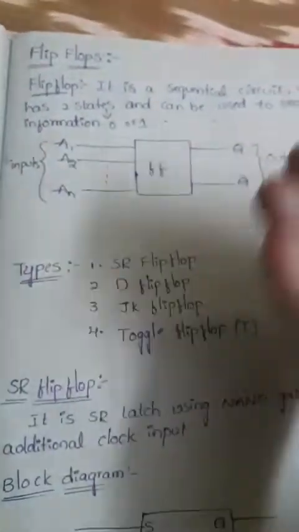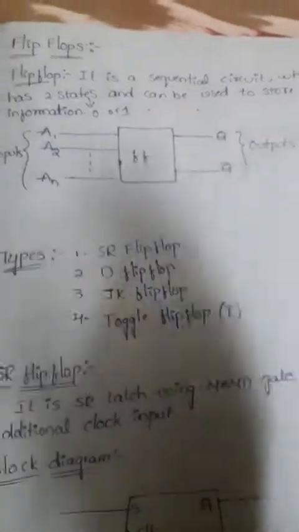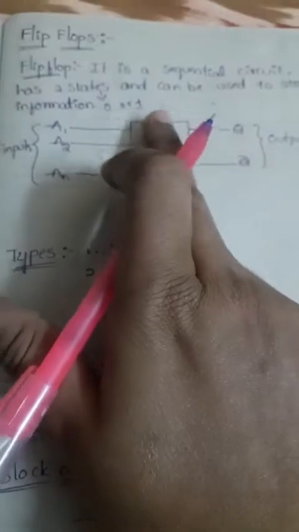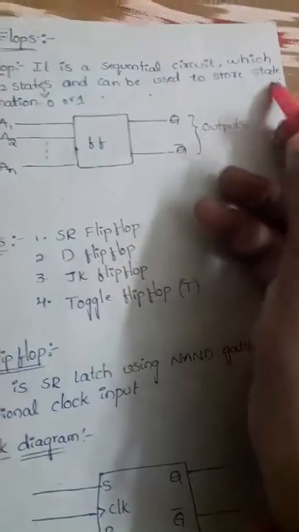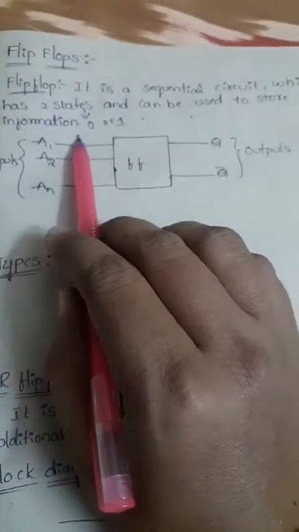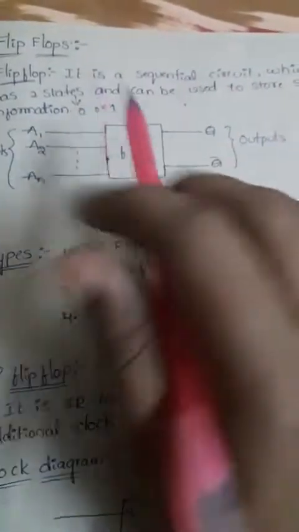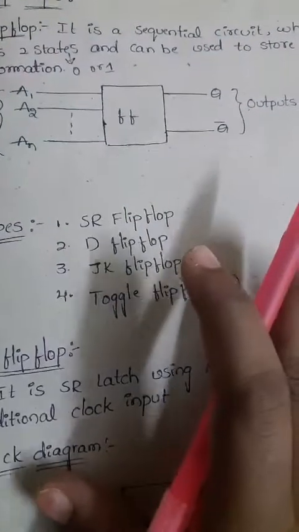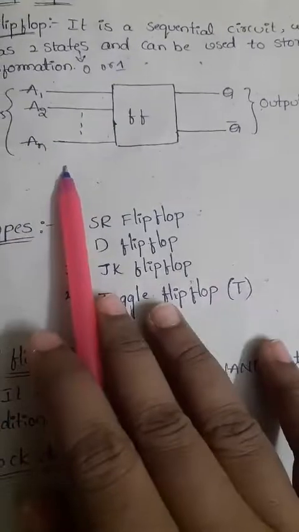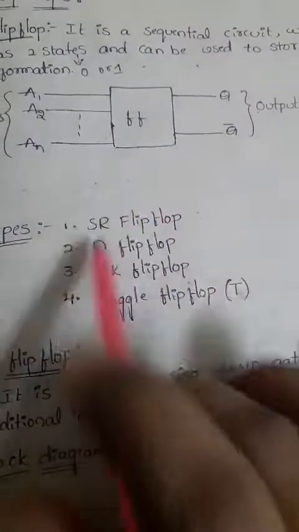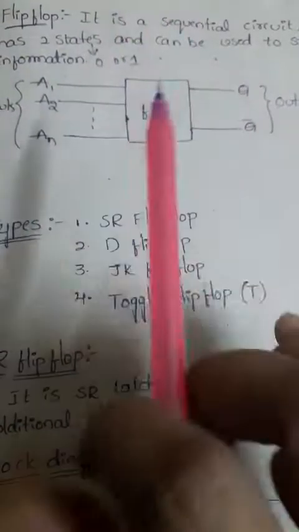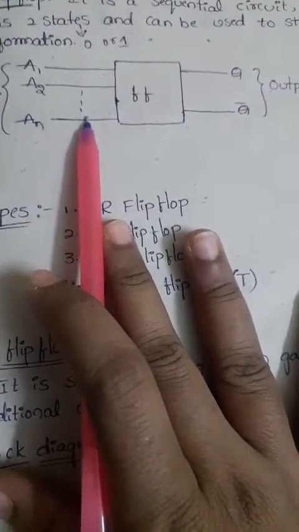So it can store binary information, and it has storing capability. Whatever information we have will be stored in this flip-flop register, and it will have two states, either 0 or 1. Completely, we are having binary information here.